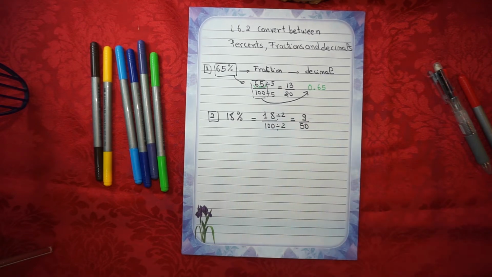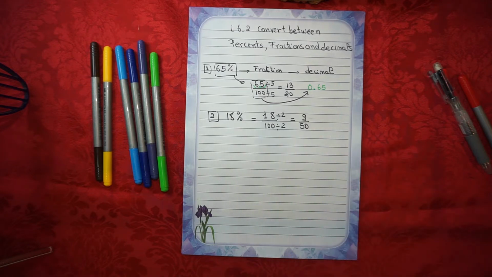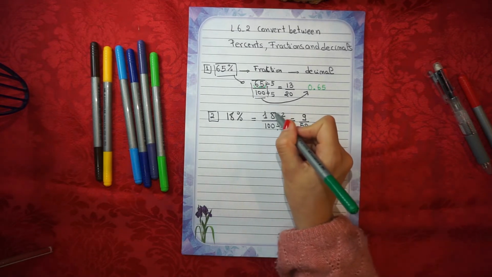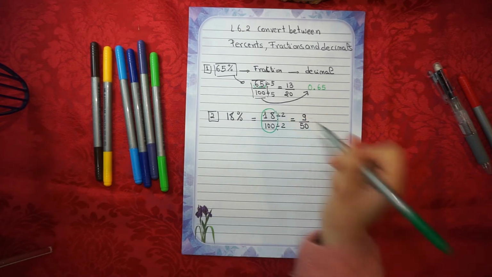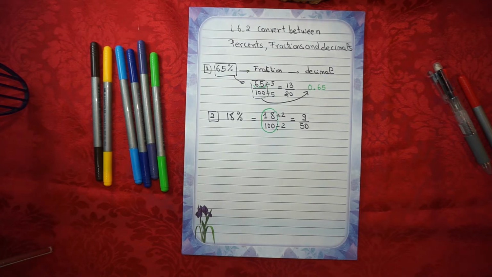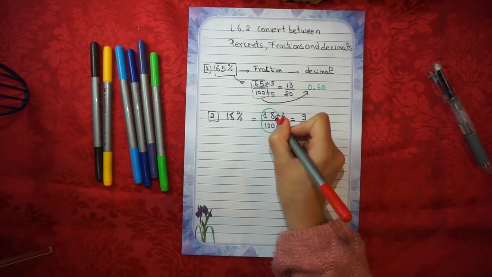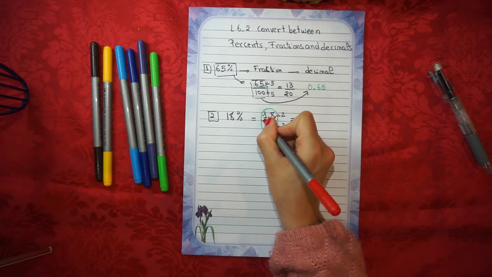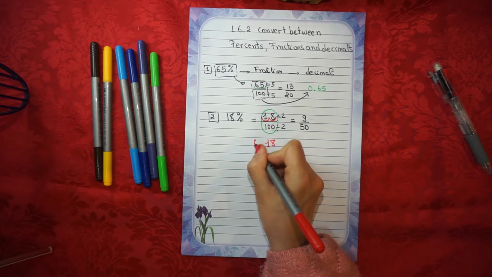And this is the simplest form of the fraction. To find the decimal number, I told you it would be easier to use the fraction with the 100 on the bottom. So the same idea, I'm gonna make a decimal point and I have to move it twice to the left. So it will be 0.18.